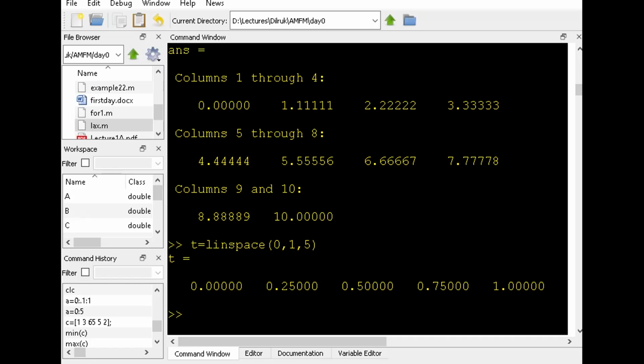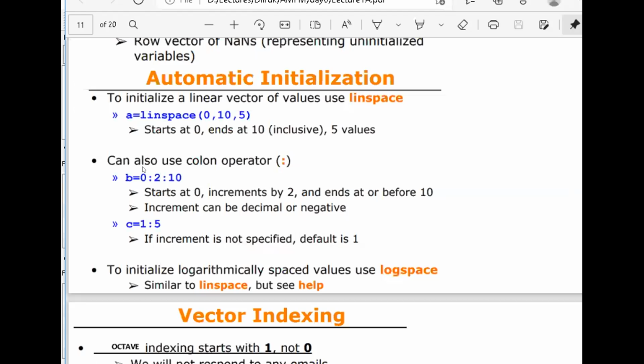This one is very useful. And there's another command here, this one. A similar command, right? This is the starting point and end point, and this one is the increment.